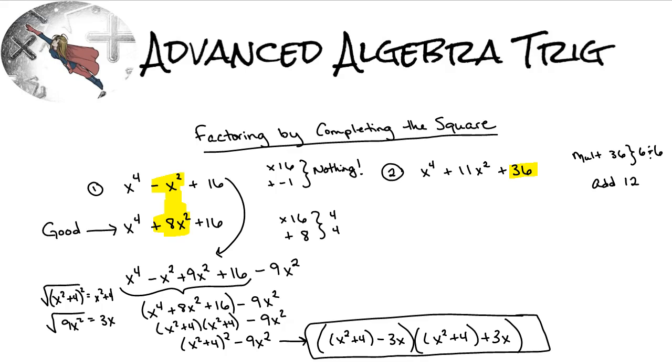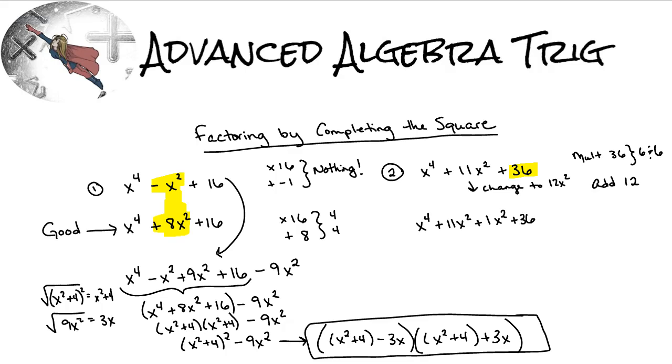But the middle right now is an 11, so we want to change that to a 12x squared. Well, we can do that by adding a 1x squared. So I'll have x to the 4th plus 11x squared plus a 1x squared plus the 36 that was there.